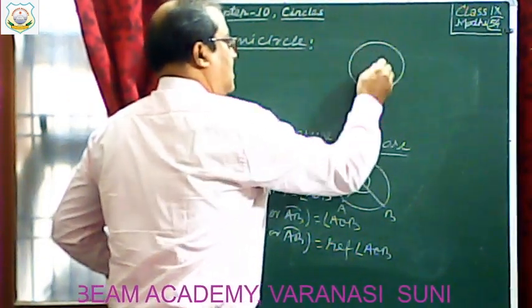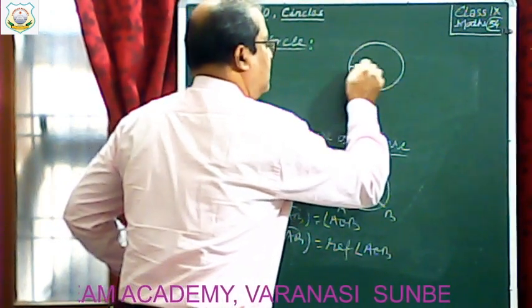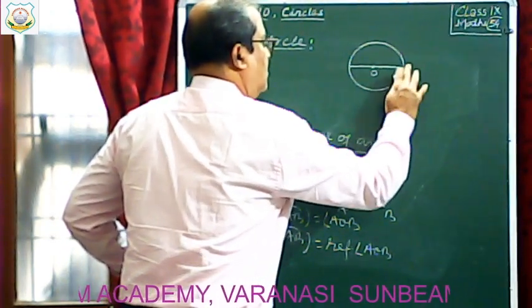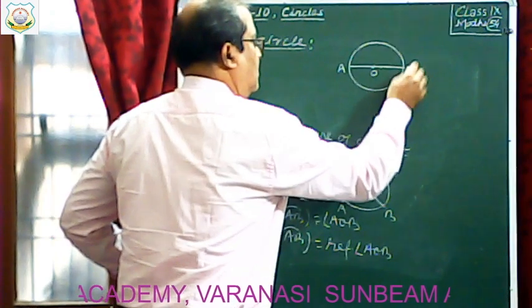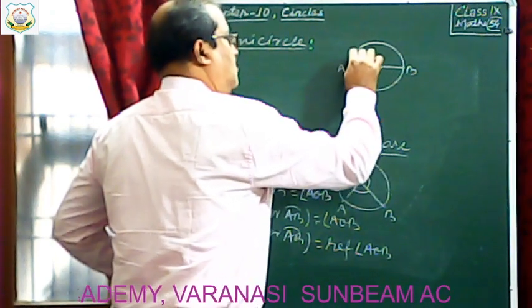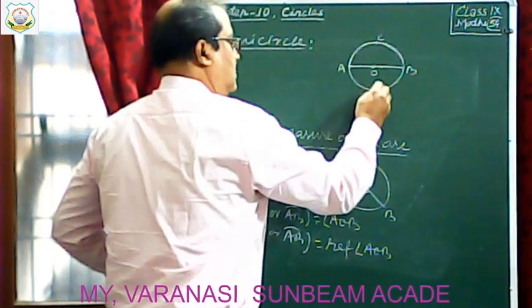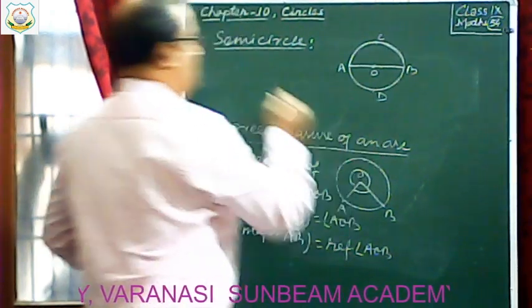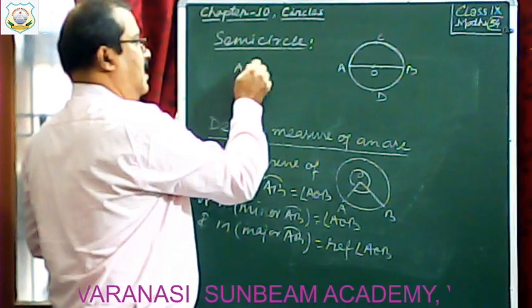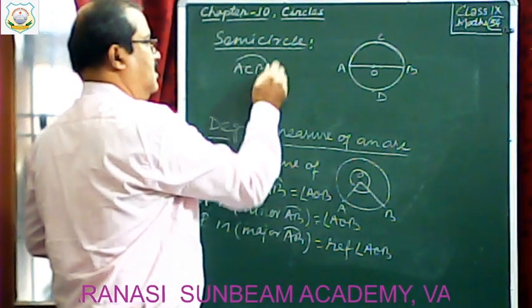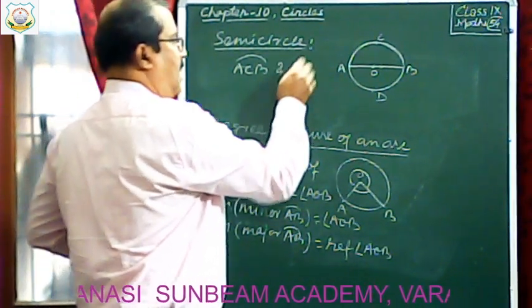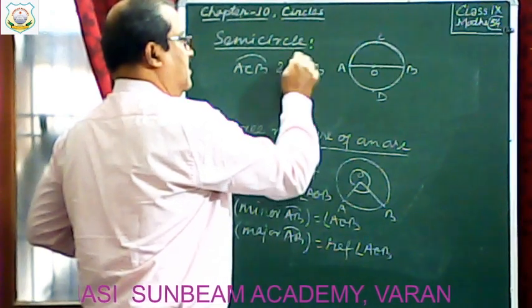Circle, if you draw a diameter, then we get two arcs. Suppose C, D. We get two arcs, arc ACB and arc ADB.